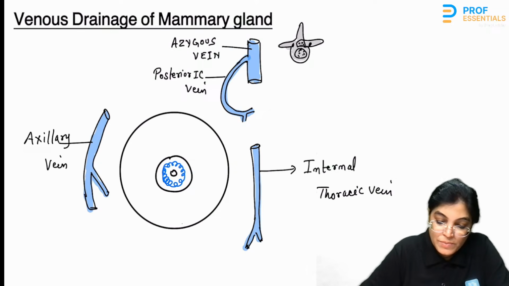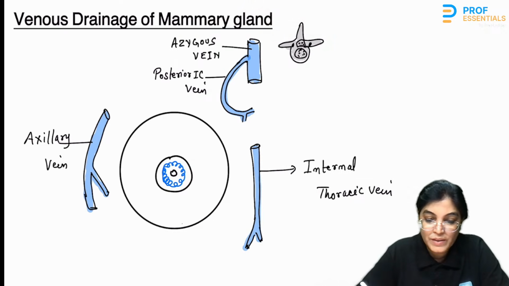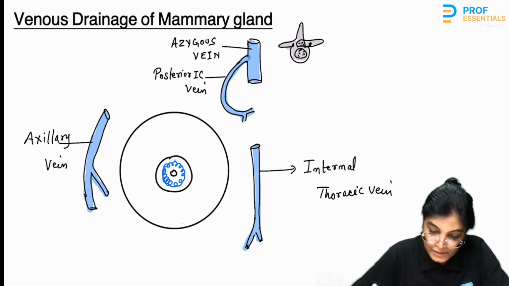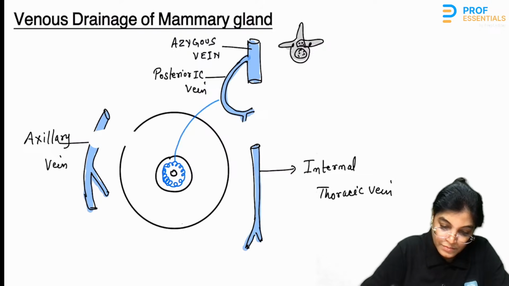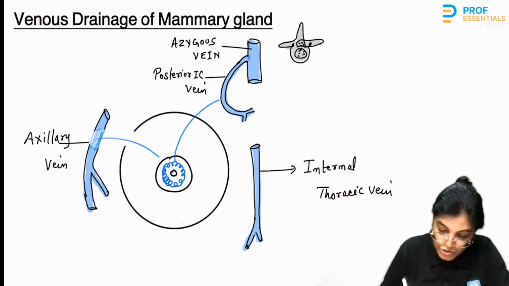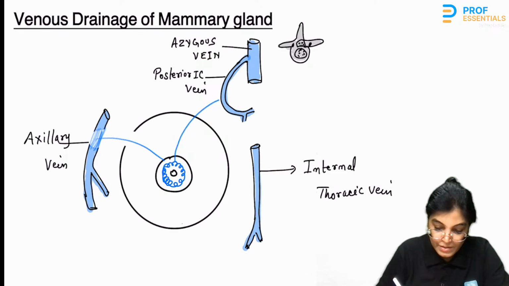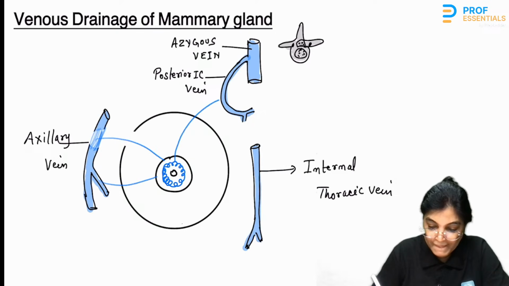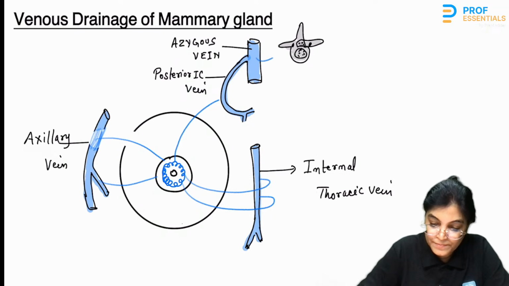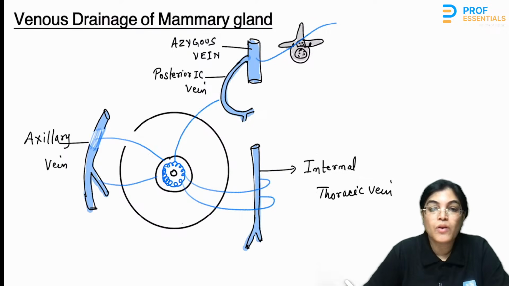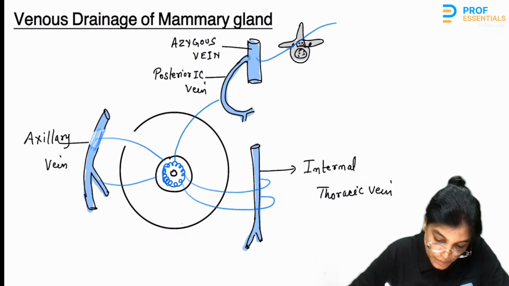Now let's use a blue color showing the communication. So very nicely we can see the communications. Here are the communications. And here is also a communication. Okay. So all these communications have been shown to you.